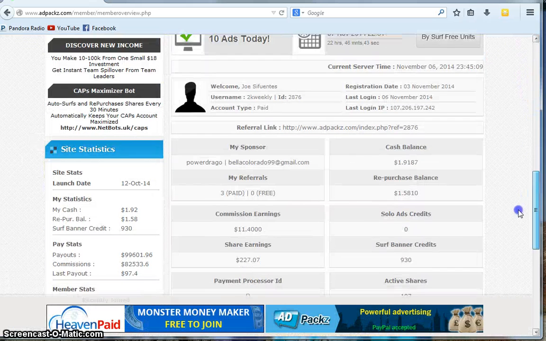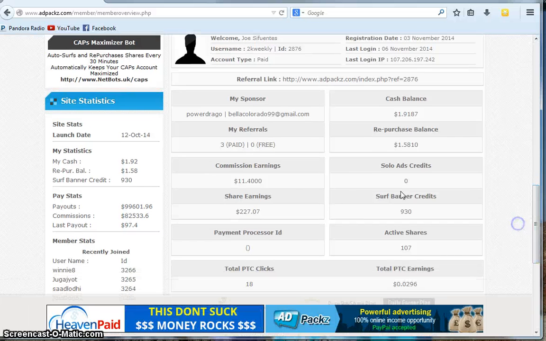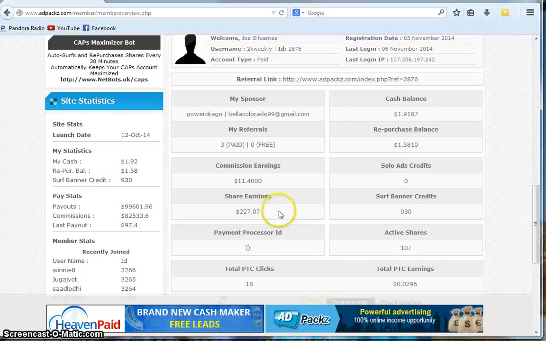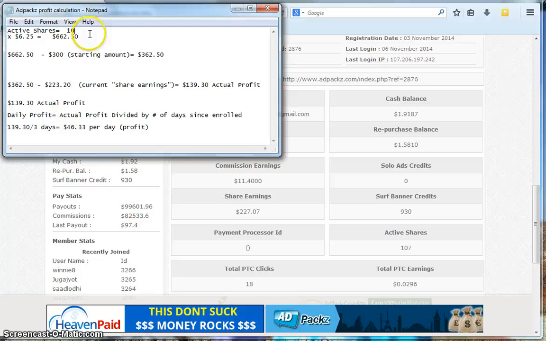So in this account right here, we're looking at share earnings of $227.07. We have 107 active shares. So we're going to input some numbers here, and let's use this notepad that I have for us to use. We're going to do some math.